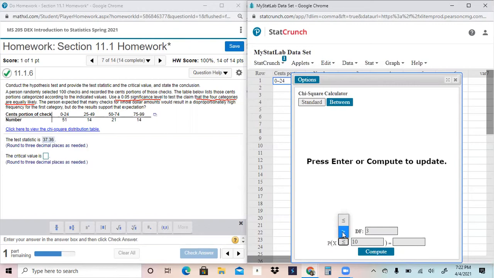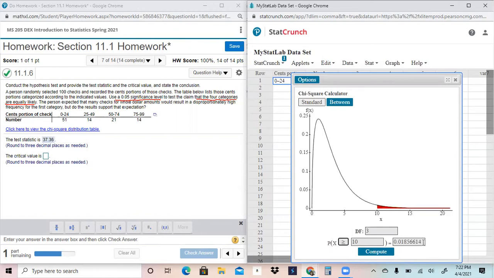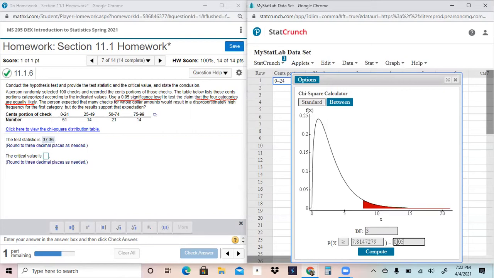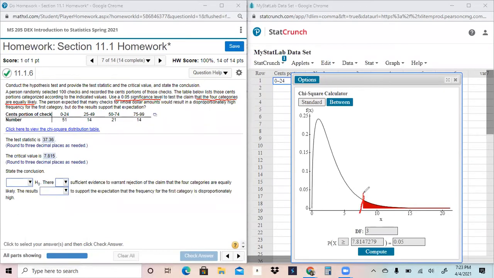We want to have 0.05 to the right of the critical value. So the critical value is going to be 7.815 because the critical value is here. And our test statistic is way, way out here. I mean, this is 20, it doesn't even go out to 37.